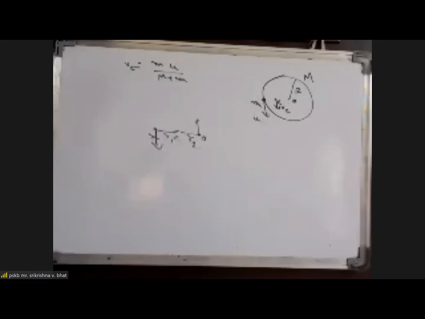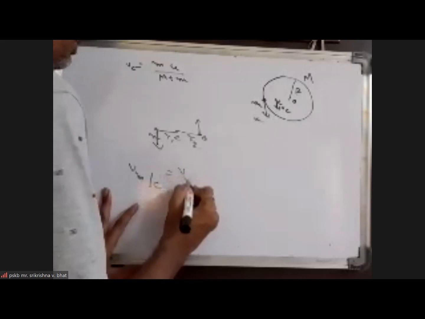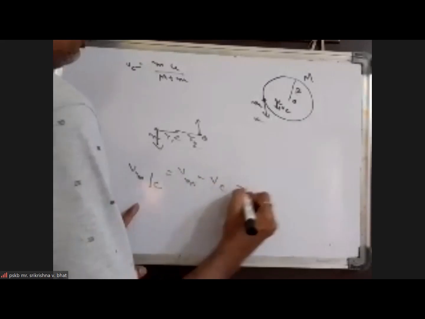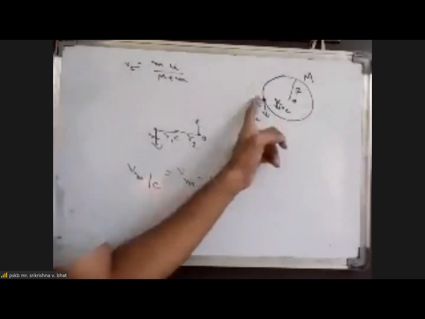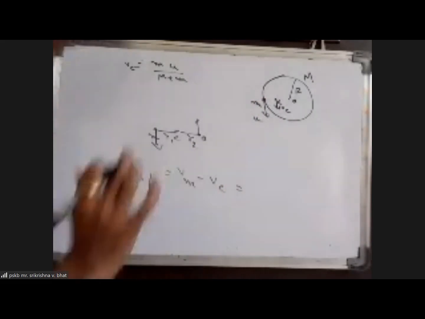So here we can say that the velocity of the bead with respect to the center of mass will be the velocity of the particle minus the velocity of the center of mass. This is the initial velocity of the bead with respect to the center of mass.